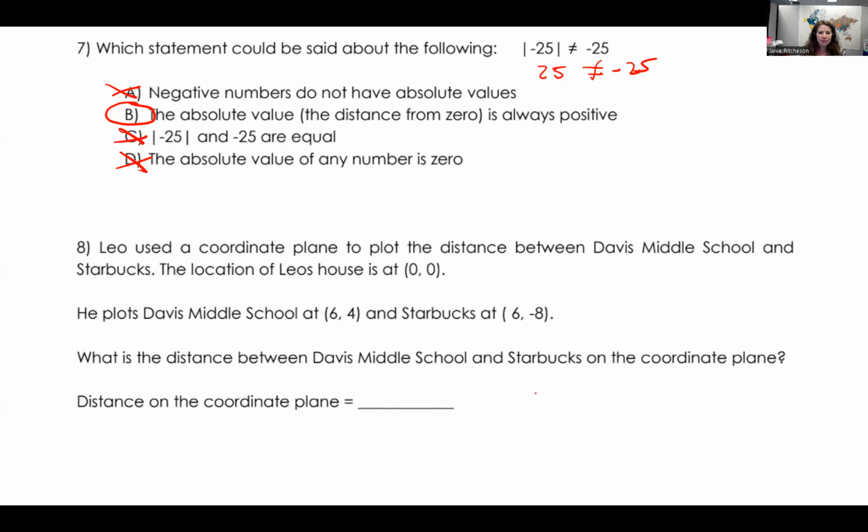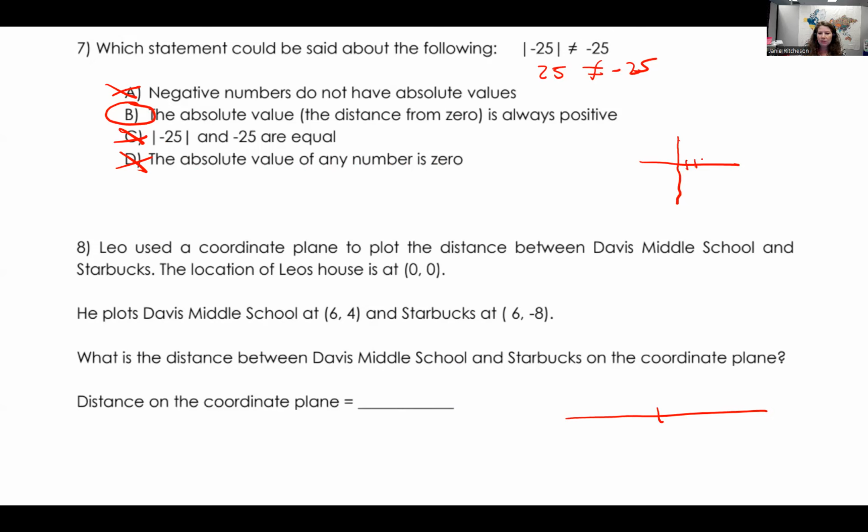Leo used a coordinate plane to plot the distance between Davis Middle School and Starbucks. The location of Leo's house is 0, 0. Okay, actually, I was trying to make a number line, but it looks like I need a coordinate plane. He plots Davis Middle School at 6, 4.